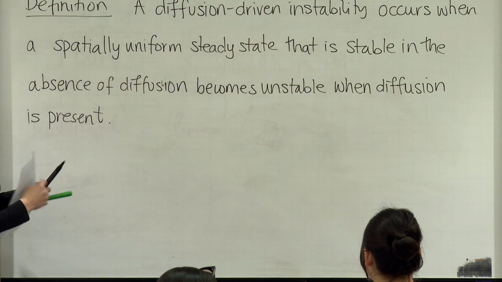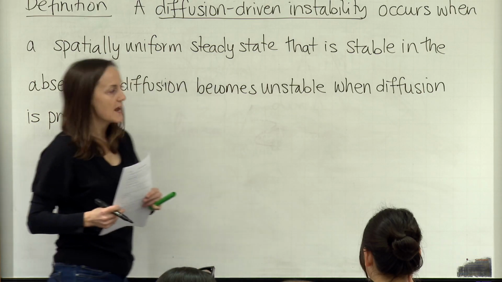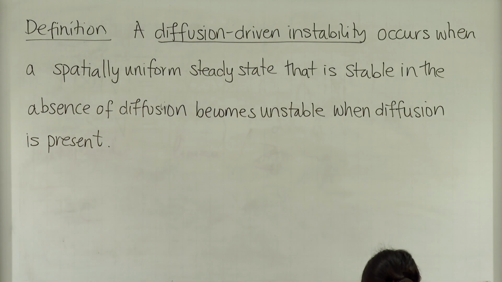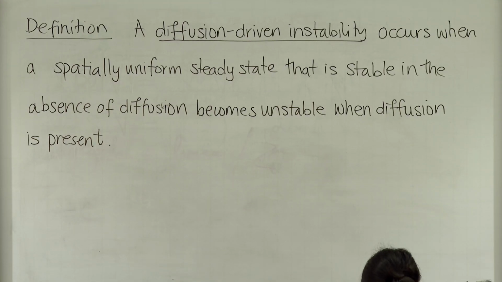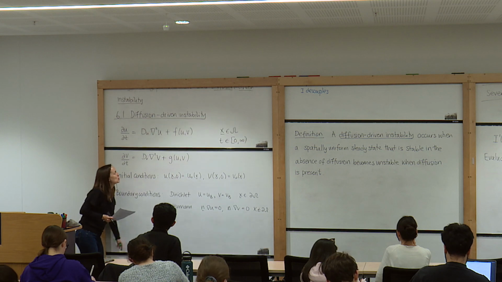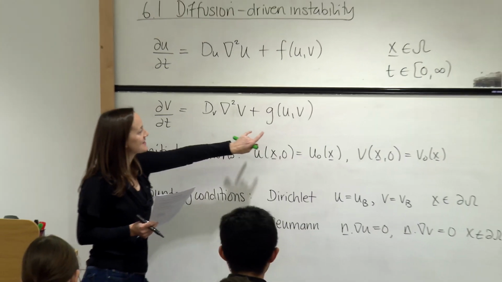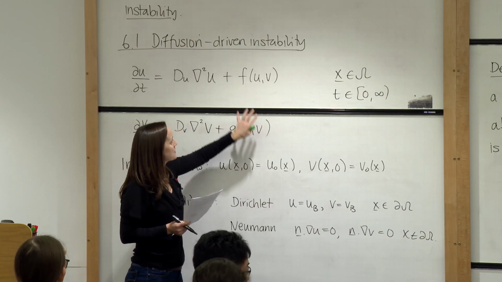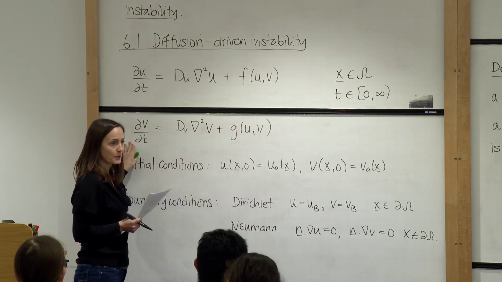Okay, so there's our definition. So what's this saying? It is saying if I knock out diffusion in these terms, I can think about having a steady state that's governed in exactly the way we've looked at before, as solutions of f(u,v) = 0 and g(u,v) = 0.